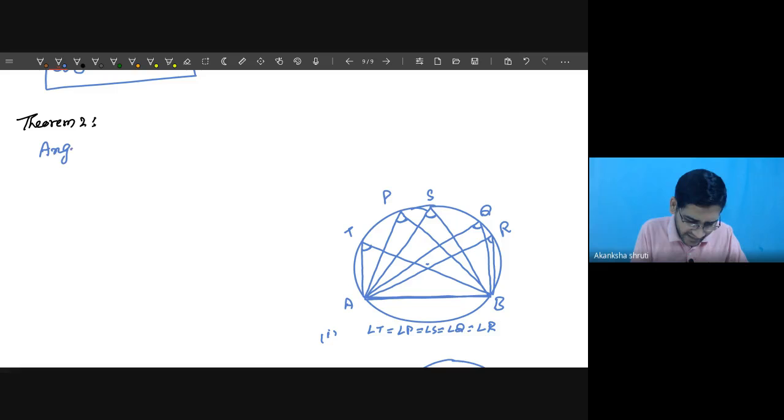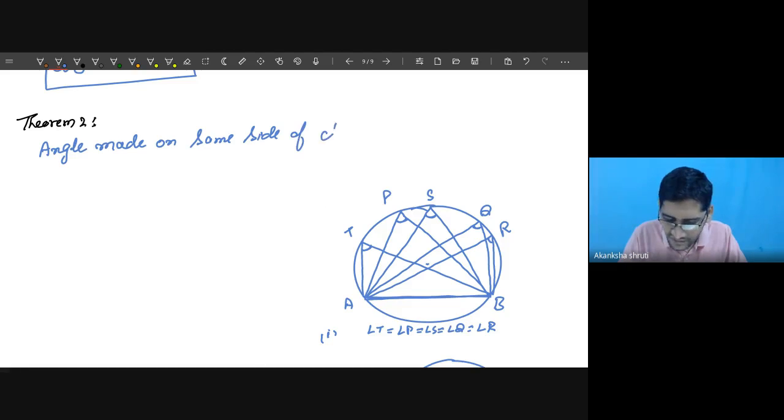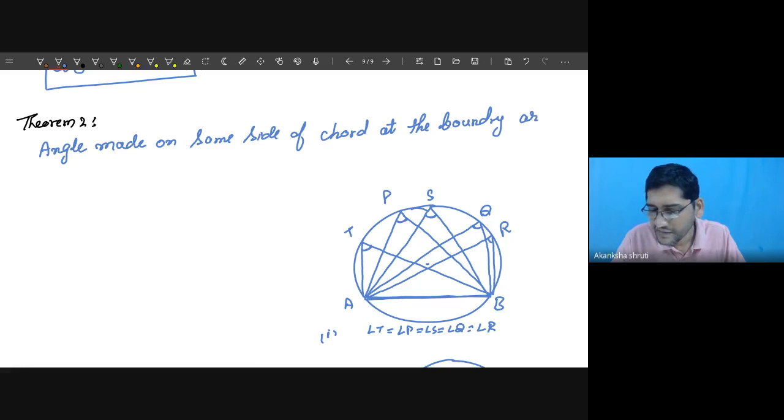So angles made or subtended on the same side of a chord at the boundary are equal.